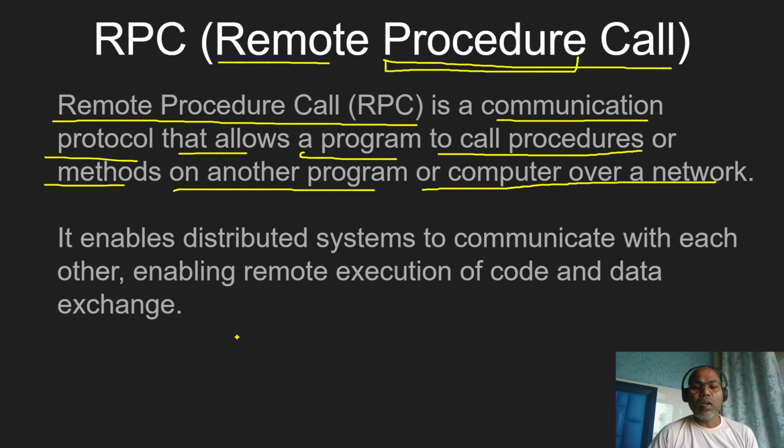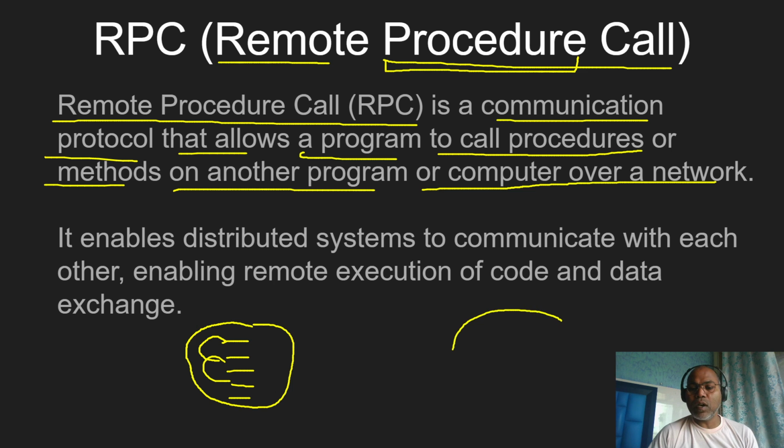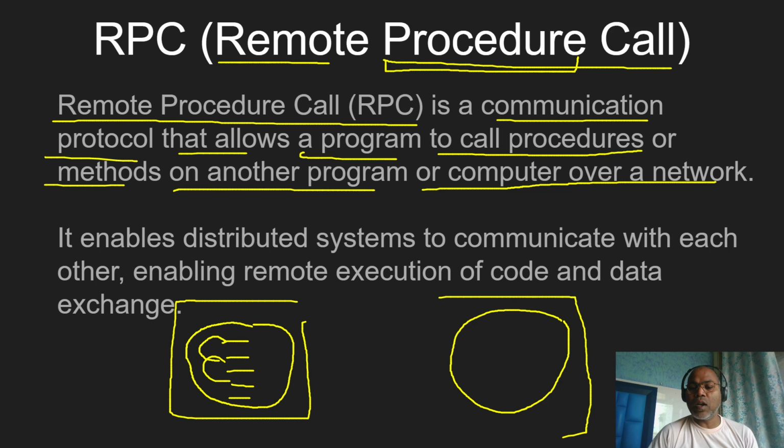Generally, whenever we write any program, any software, it has lots of functions: function 1, function 2, function 3, function 4. We can call them locally without any problem. But what if the particular programs are not on this system? Now they are on another machine, and the program running there has function 1, function 2, function 3, function 4.